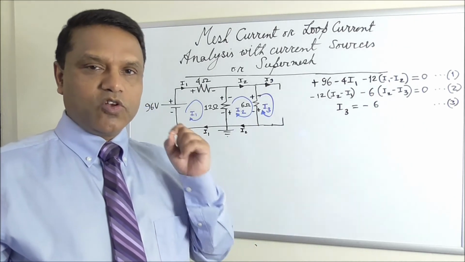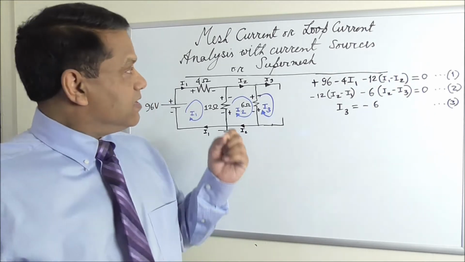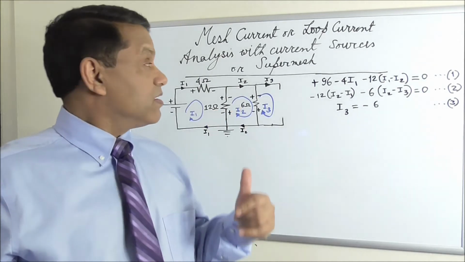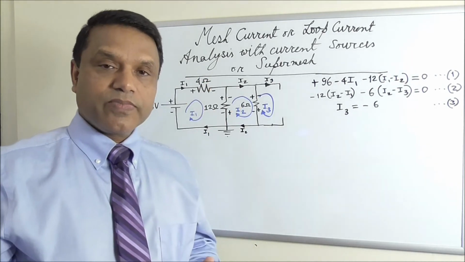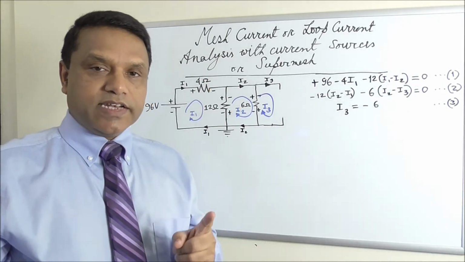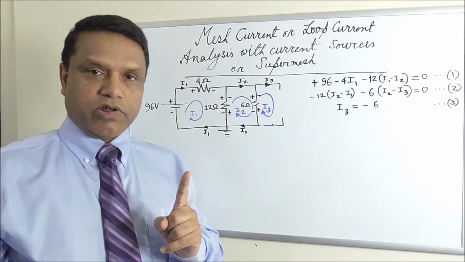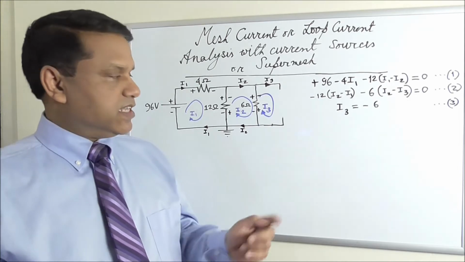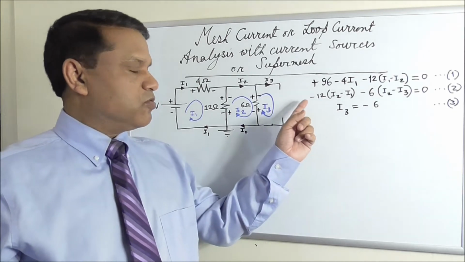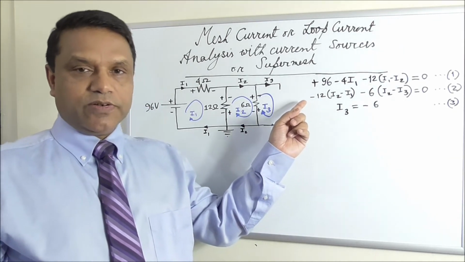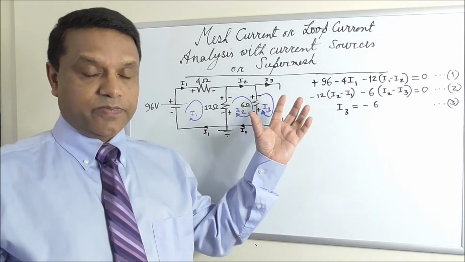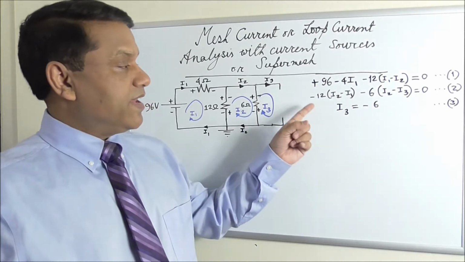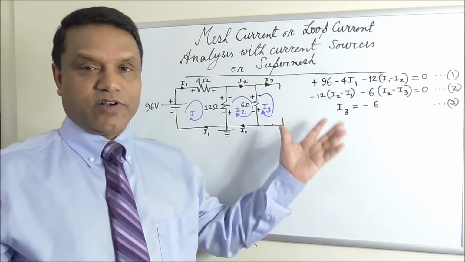So again, the rule of thumb is, for solving circuits using mesh current or loop current with current sources, you will always get one fewer equation for each current source. In this case, we have one current source, so we got one less KVL equation. But each current source will also give you an extra equation to make up for that.